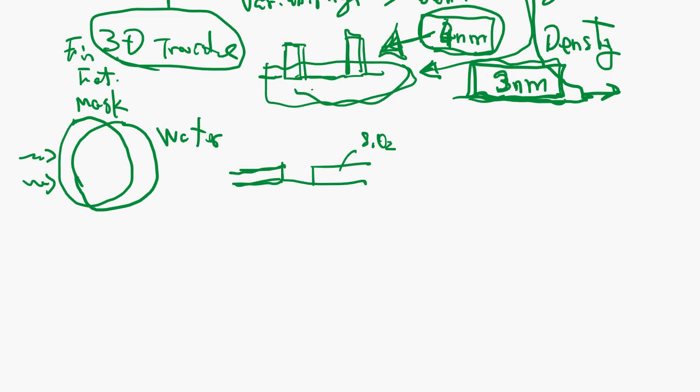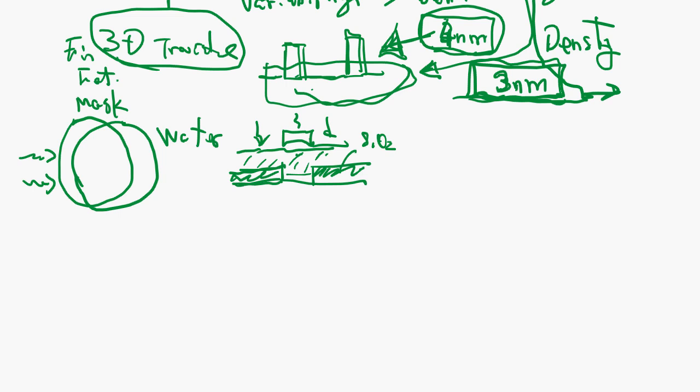So what happened is the mask exposes light here, and they fill with photoresist, right? And only this area is going to be, this is opposite. The mask has this one, and the light is blocked here, and the light hits the photoresist and hardens this part, right?